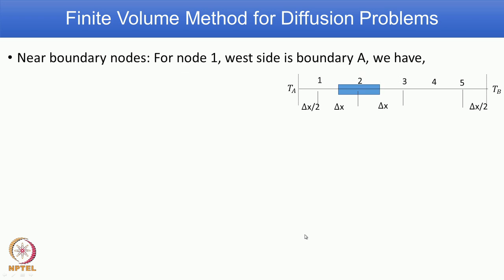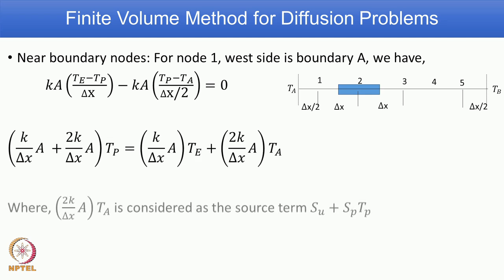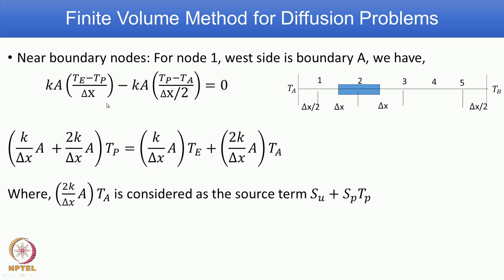Now, we will also try to do similarly for other node. Before that, we will identify that T p is a node of interest appearing in the term here as well as in the term here.